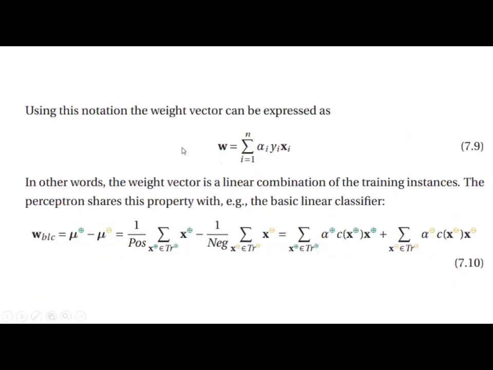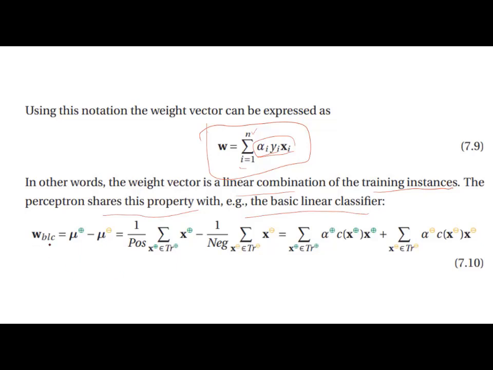Using this notation, the weight vector can be expressed as W is equal to sigma i equals 1 to N of alpha i y i x i. In other words, the weight vector is a linear combination of the training instances. The perceptron shares this property with the basic linear classifier.